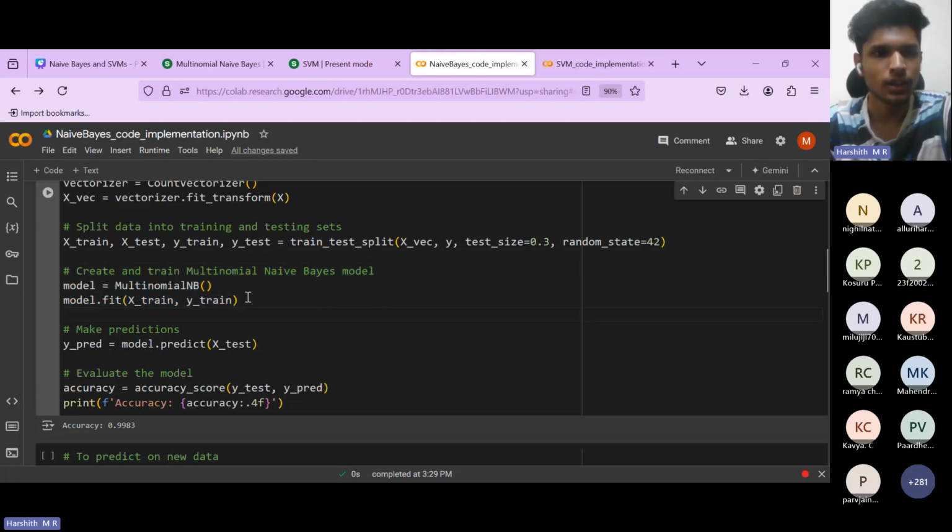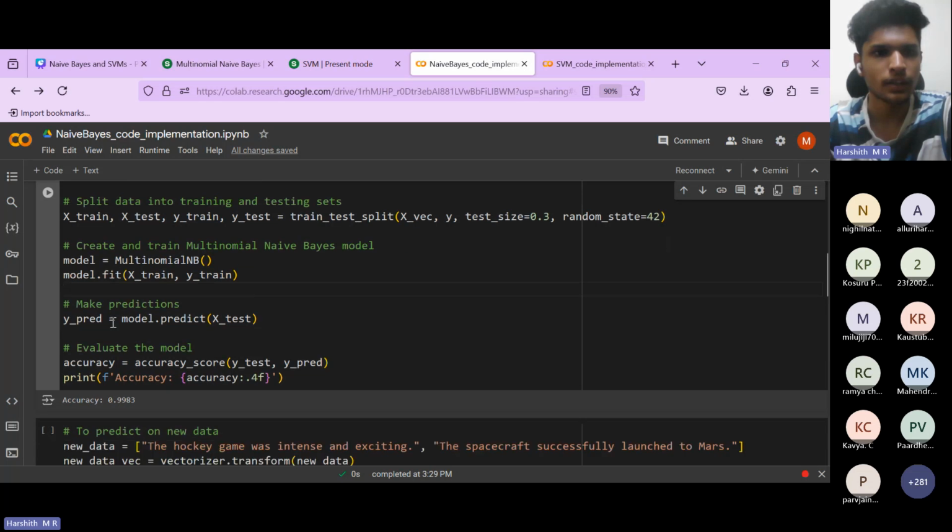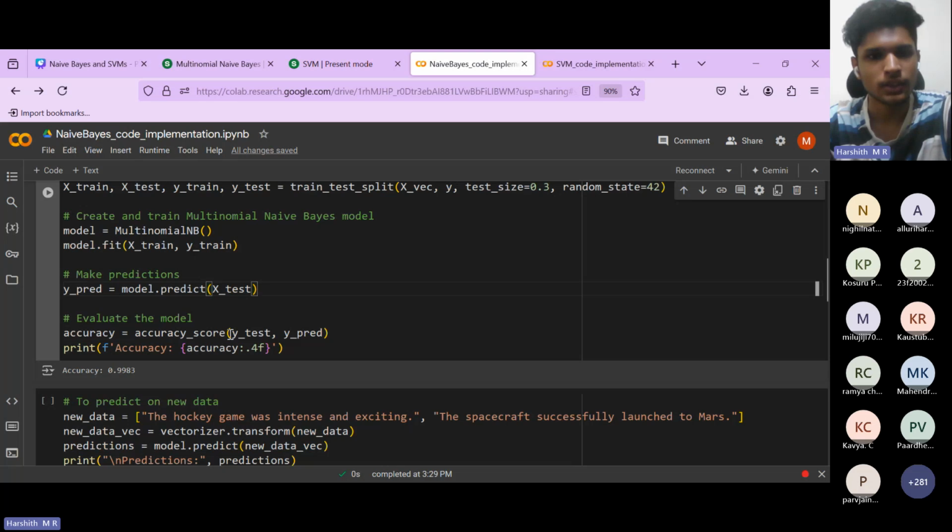And since our model has been trained, we'll predict using the dot predict method and pass the X test, which is the samples we kept for testing. And we'll also evaluate the accuracy to test how our model works. So we'll pass the prediction as well as the true values to the accuracy score function, which in turn would give you the accuracy.